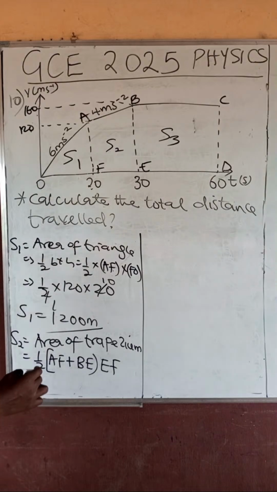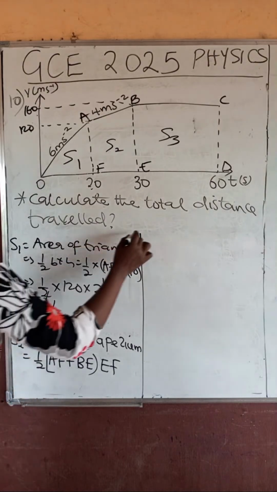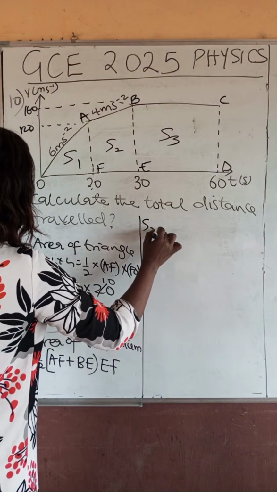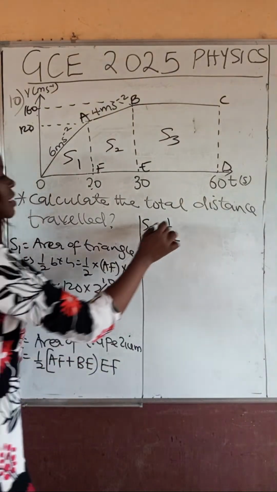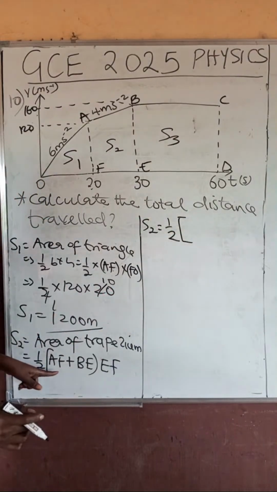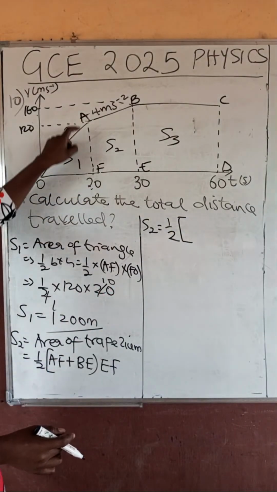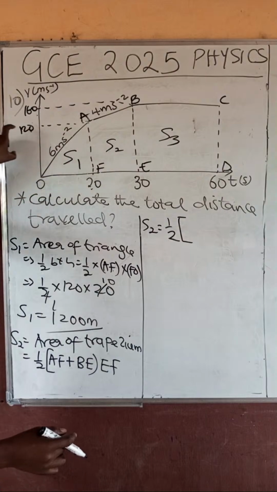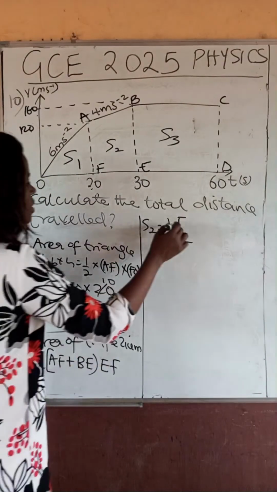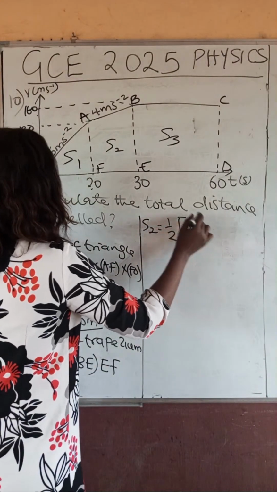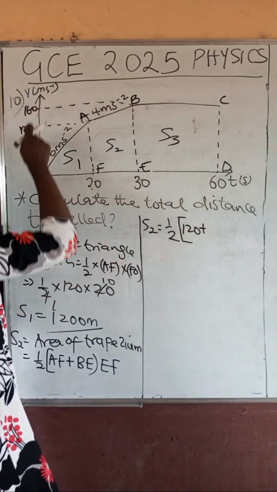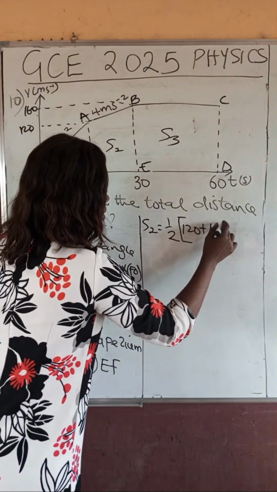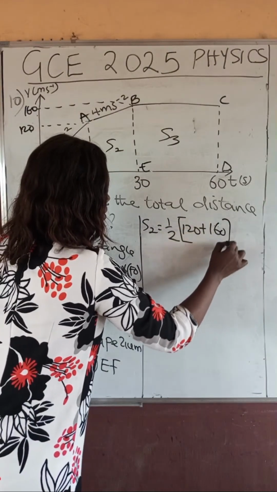If I decide to put it into what I have, what is my AF? You come here, that is 120 minus 0, you get 120, plus my BE. You come this way, that is 160. 160 bracket.